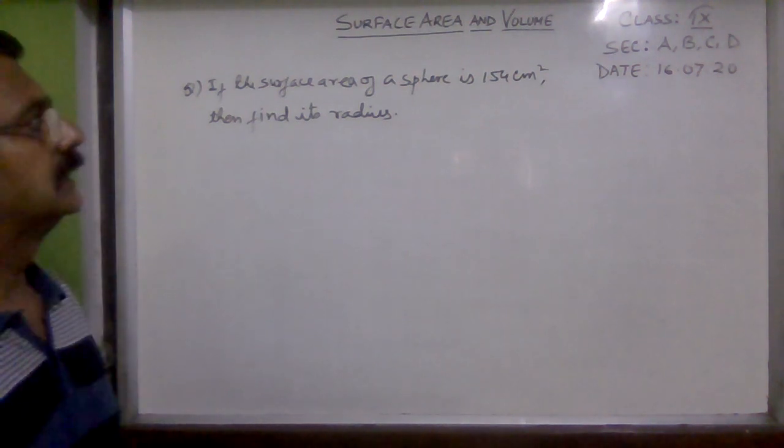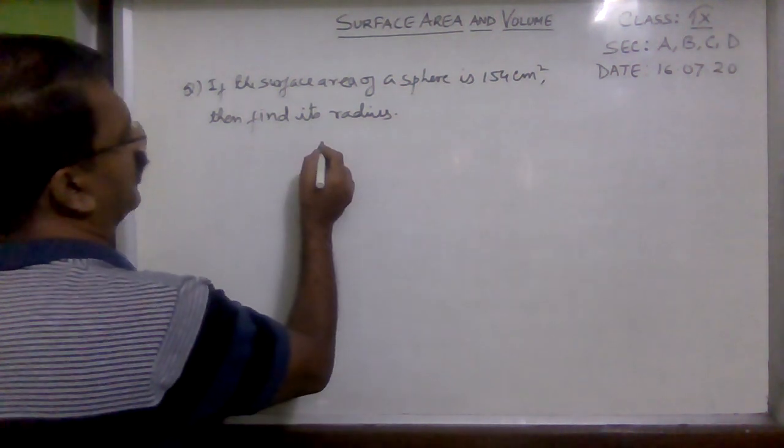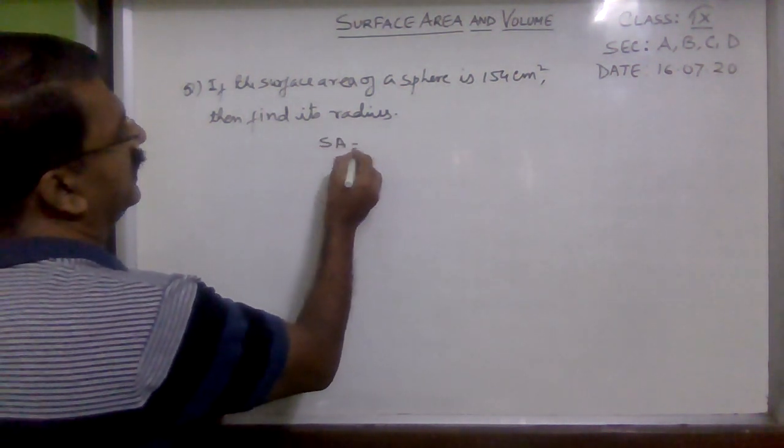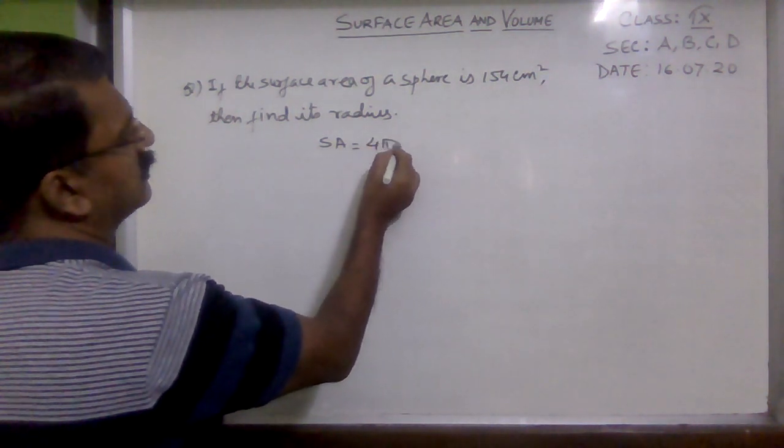Now you know that the formula for surface area of a sphere is 4 pi r square.